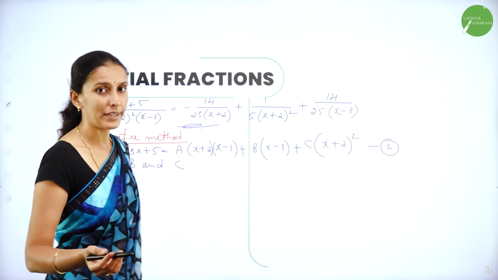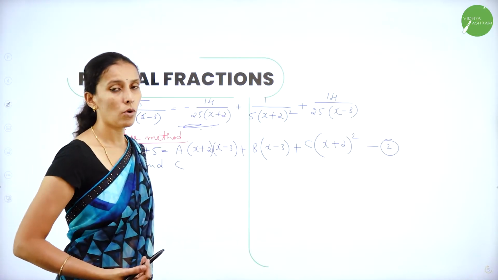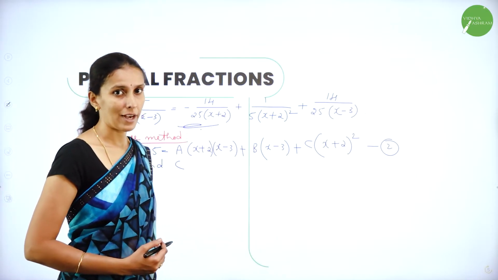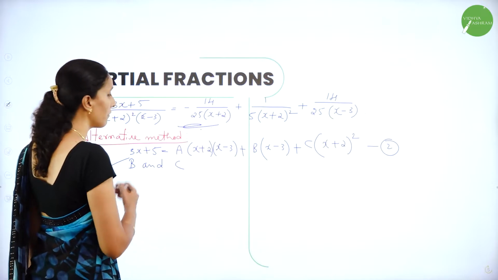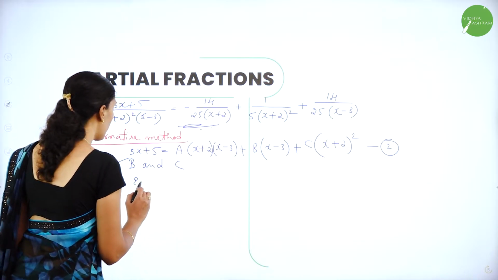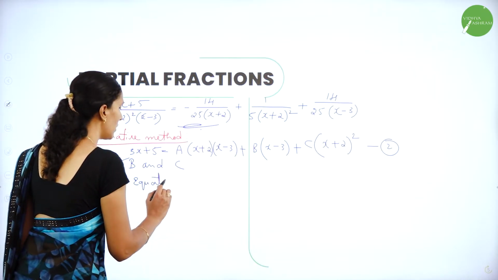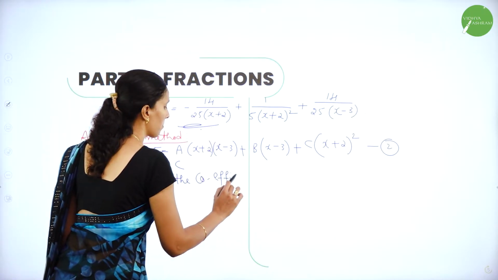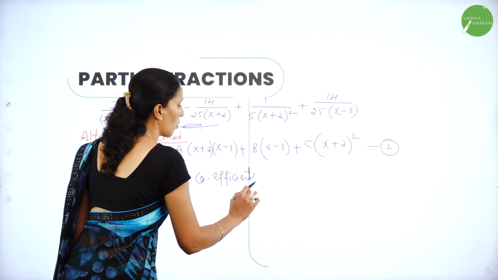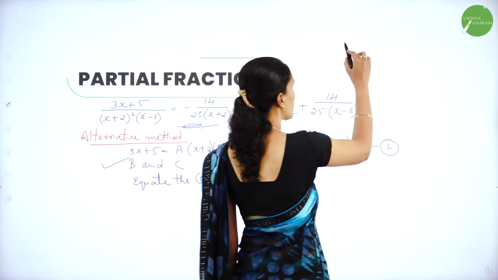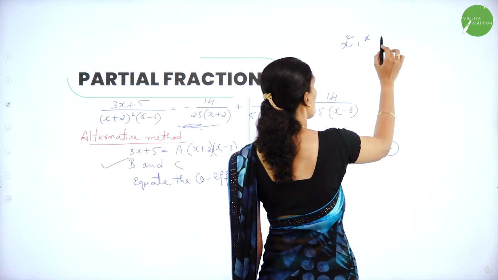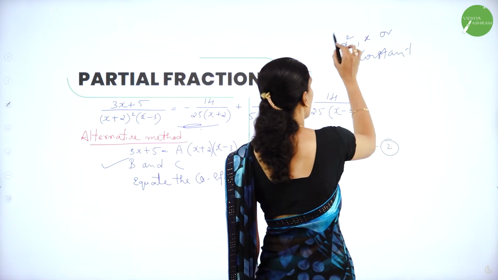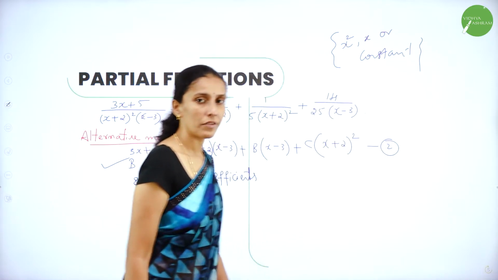Now you have to find the value of a, but we don't have any linear factor that we can equate to 0 to find the value of x. So in that case, we can equate the coefficients. Equate the coefficients of x square or x or constant to find the value of a, b, c.